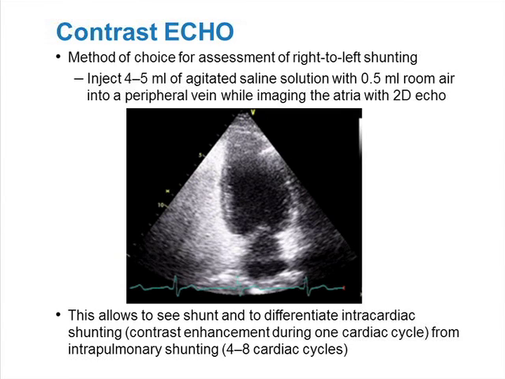4 to 5 ml of agitated saline is injected with some room air into a peripheral vein, and the atria are imaged by 2D echo. And it's important to let your echocardiography colleagues know that you're worried about an intrapulmonary shunt, because then they can time it based on your ECG cycles, because in the presence of an intrapulmonary shunt, there is a delay in the appearance of the bubbles in the left atrium, because they appear 4 to 8 cardiac cycles later, as opposed to this being related to a PFO or an atrial septal defect, wherein they come in quite quickly.